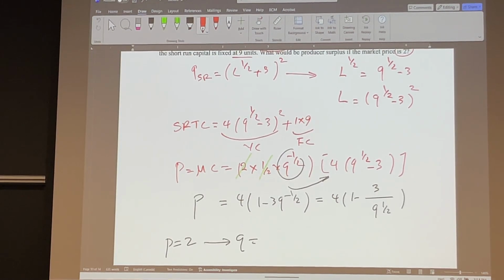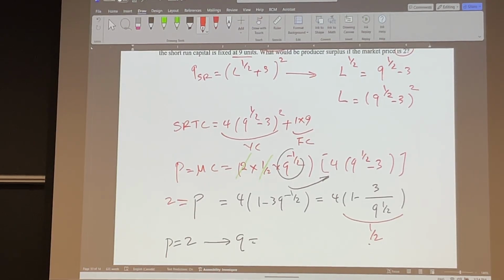For that to be 2, this has to be half. If you want this to be 2, that 4 should be multiplied by half. So how much should this be? 6.